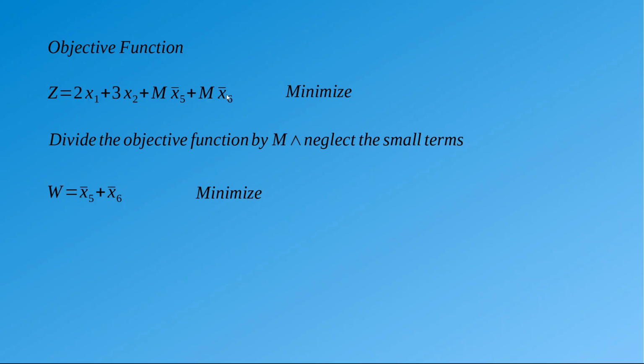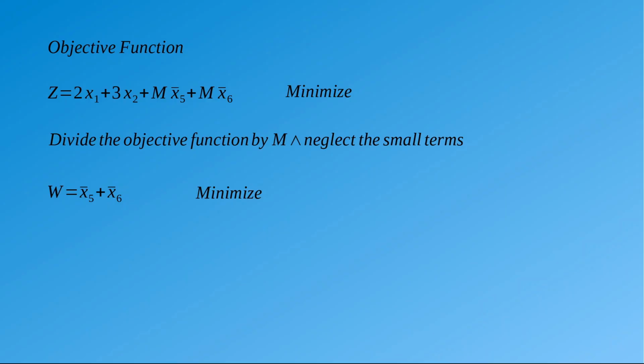But in the two-phase method, we take a slightly different approach. What we do is we take this objective function and divide it by M. Now, once we divide it by M, we can neglect 2 by M and 3 by M because they are very small numbers. M here is a very, very large number in the big M method. So, therefore, if you divide by M, 2 by M and 3 by M can be neglected.